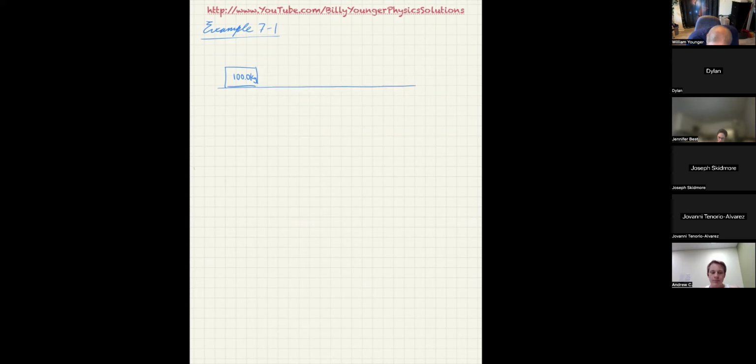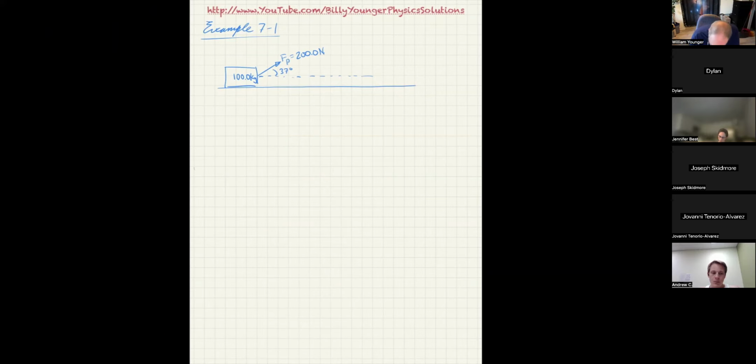Okay. And I'm going to pull on it with a force FP. We'll have a force of 200.0 newtons, and specifically, that is at a 37-degree angle with the horizontal.